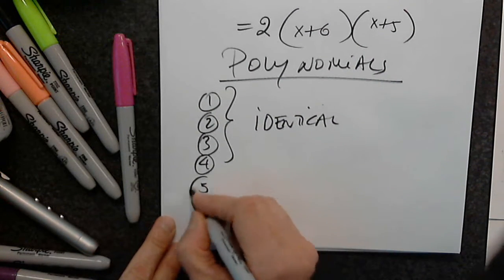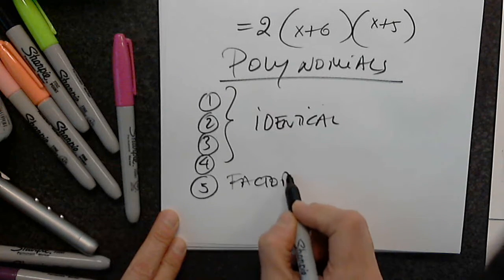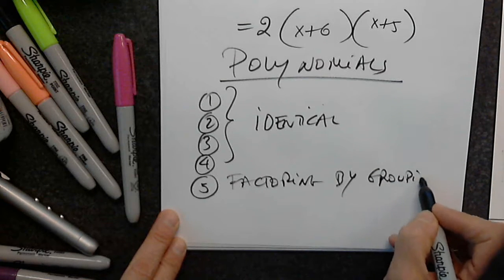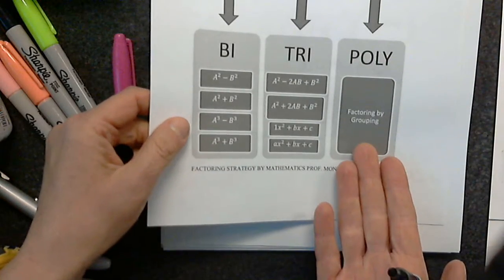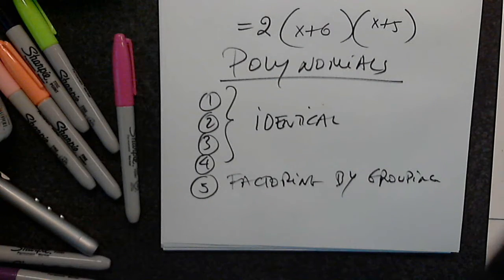The fifth one, just one, factoring by grouping. So if you look at the strategy, there's nothing. That's the easiest of all. Okay, so let's look at a few examples.